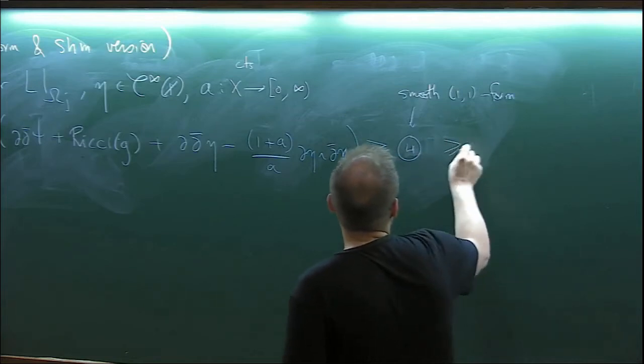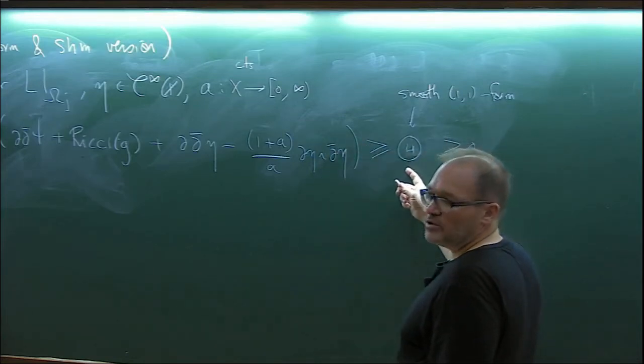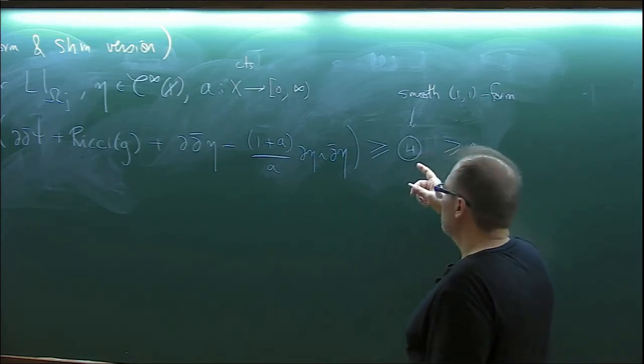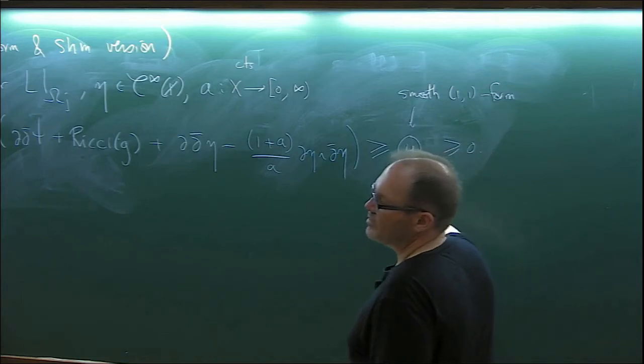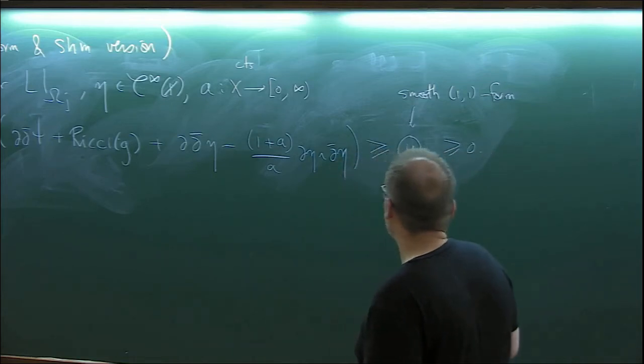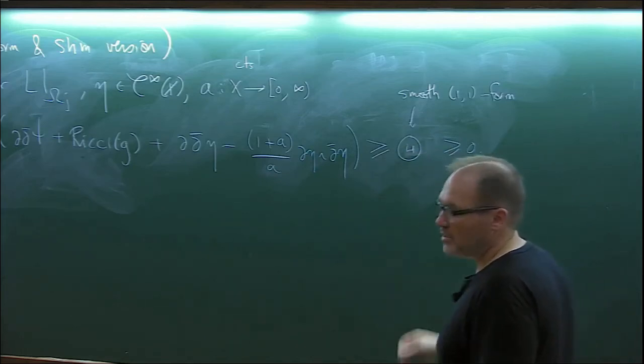And this thing should be greater than or equal to 0. You can't invert something that's not positive definite, but it's not too important whether or not this is positive definite. It's more important whether or not the form you have has a finite integral. In our case, you'll see that appearing.